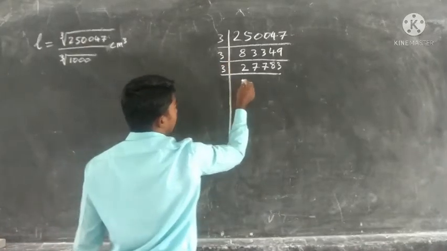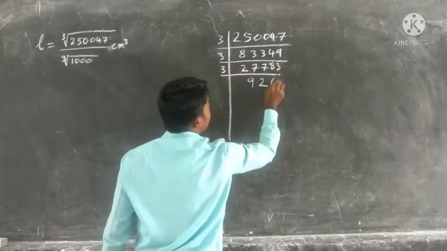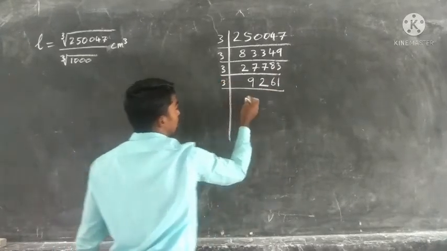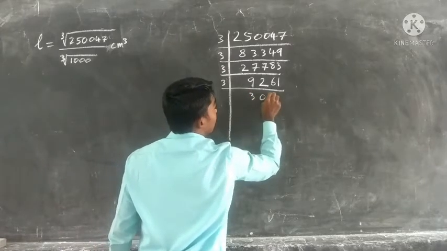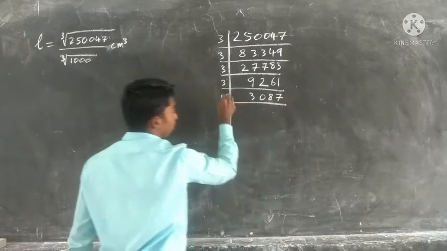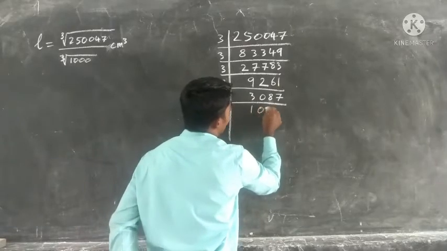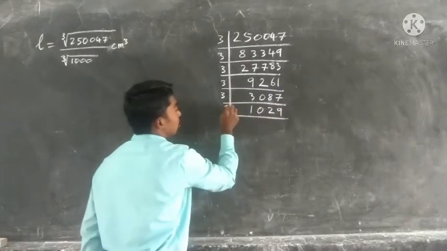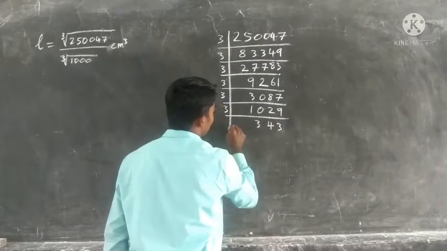We will get 9,261. We can divide this number by 3. We will get 3,087. We can divide this number by 3. We will get 1,029. We can divide this number by 3. We will get 343.